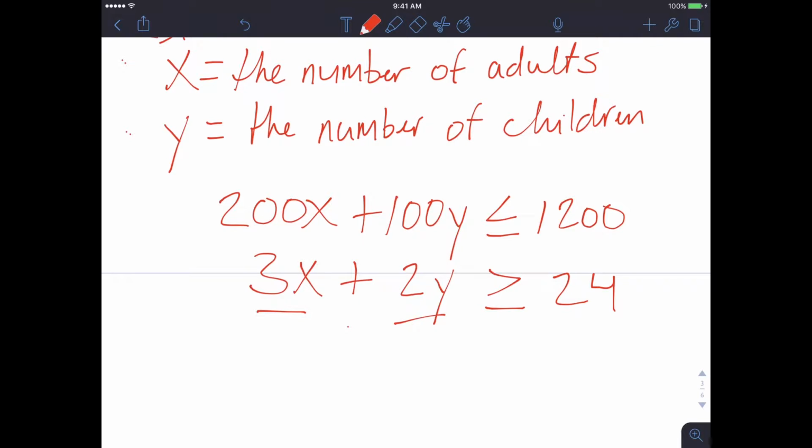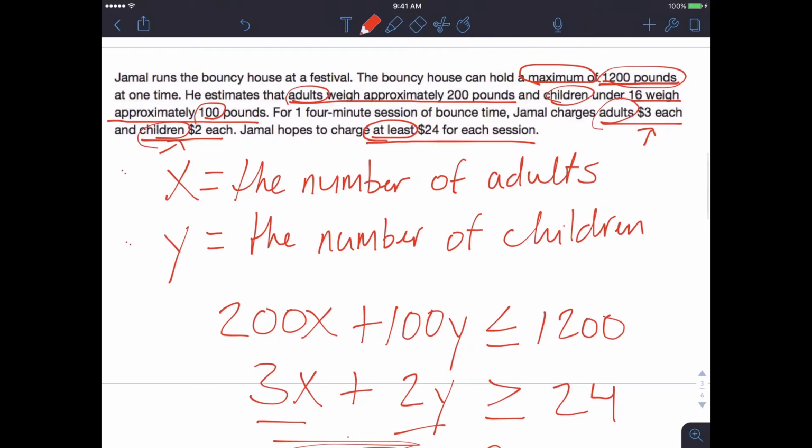Now, why is the sign different? Because $3 times every single adult. So there's one adult, 3 times 1. 2 adults, 3 times 2. 5 adults, 3 times 5. Plus the number of children. So here he wants it to be greater than or equal to $24 each session. So that's why this here has to be greater than or equal to 24, because he wants to make at least that much.